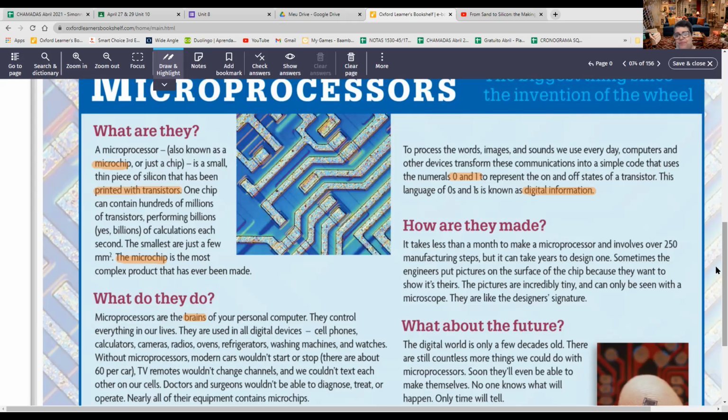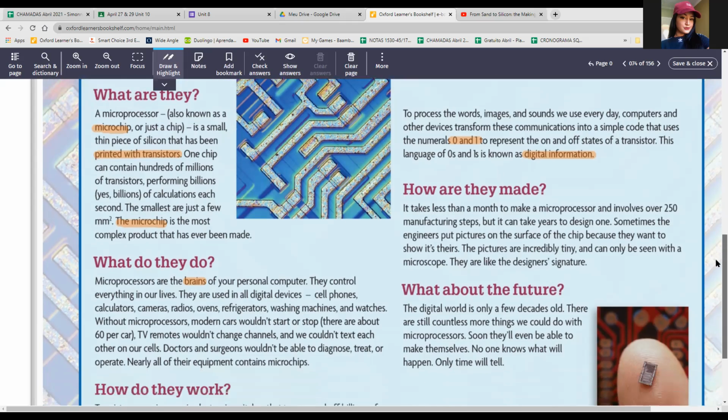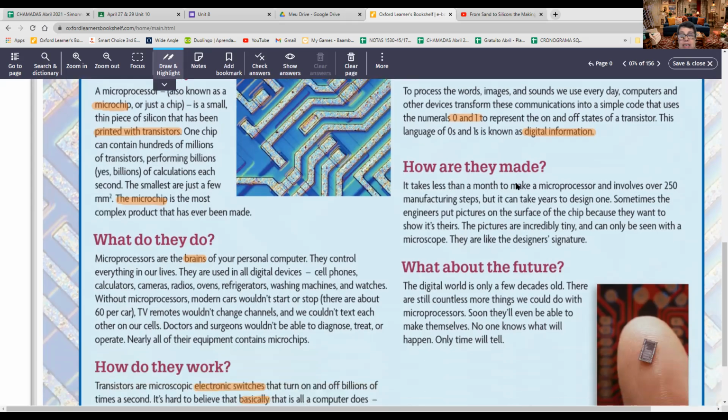Now, how are they made? Look at this, Bruna. It takes less than a month to make a microprocessor. Incredible.